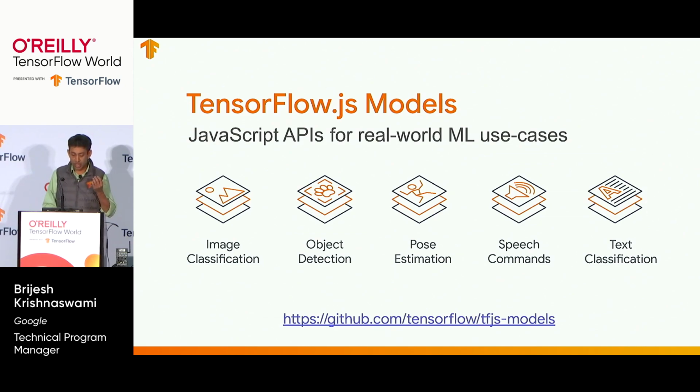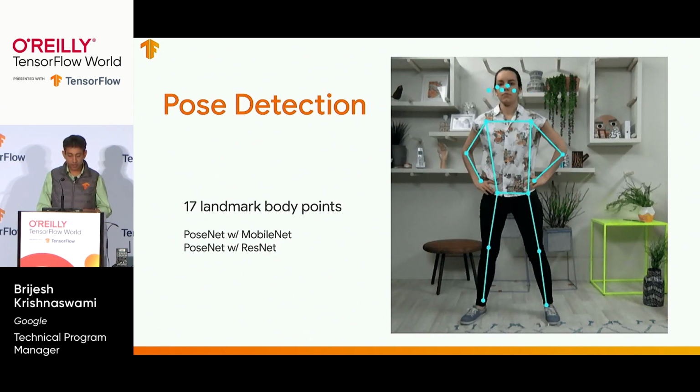You can explore all of these models today on GitHub. You can use them by installing them with npm or by directly including them from our hosted scripts. So let's dive into a few of these models and see more details.